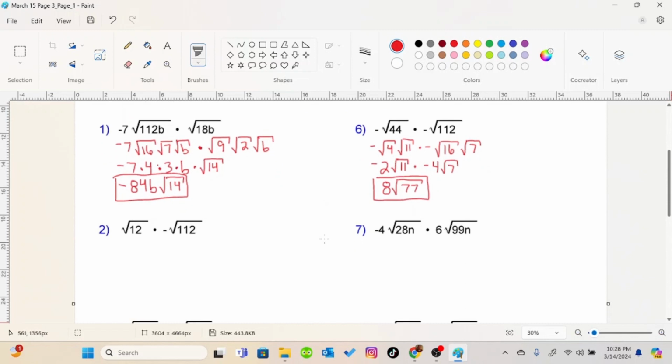Number 2. Square root of 12 is square root of 4 times the square root of 3. Square root of 112 is square root of 16 times square root of 7. The square root of 4 is 2.